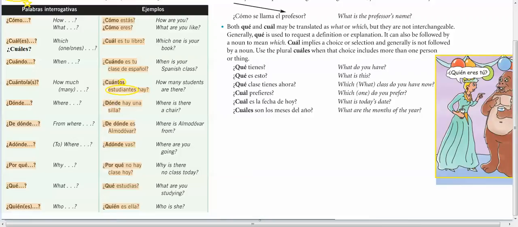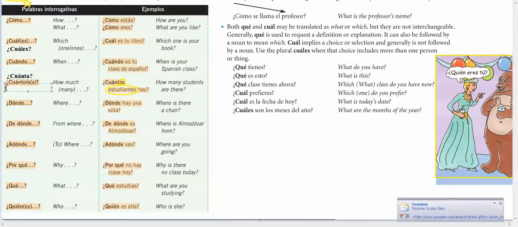So you actually have cuánto, cuánta, cuántos, and also cuántas. So those are all of your options for how many, how much.